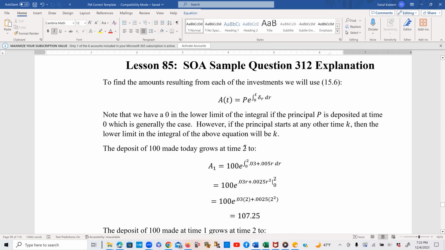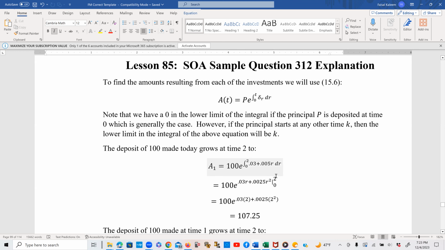By time 2, it grows to 100 times e to the integral from 0 to 2 of the force of interest, 0.03 plus 0.005 r. The integral of 0.03 is 0.03 r, and the integral of r is r squared by 2. So you divide the 0.005 by 2, and you get 0.0025 r squared.